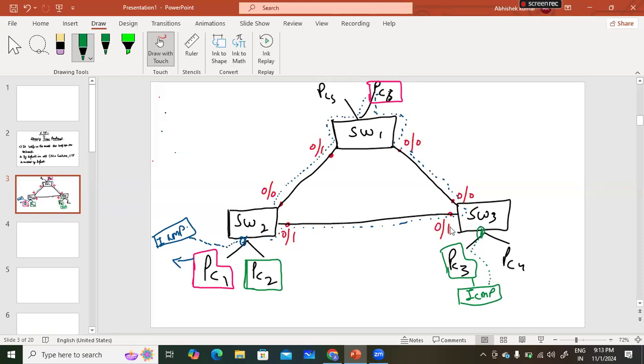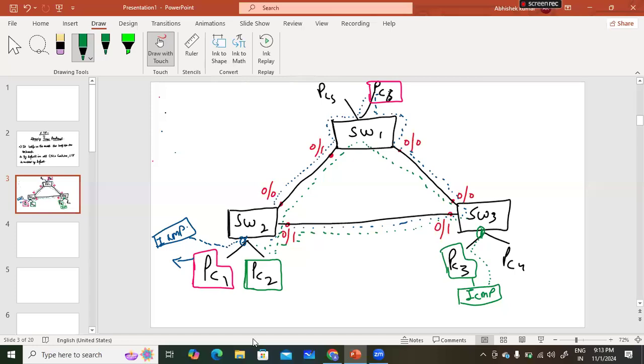It has two ways to send this ICMP request to PC2, which is on switch 2. One, it can send directly like this. And the second one is via switch 1, something like that.